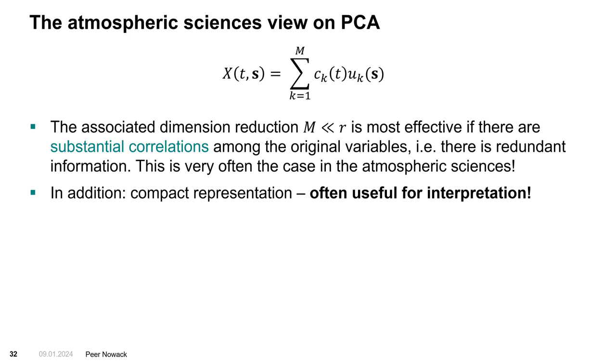And the good thing, and this is why it's so widespread in atmospheric science, is that this is often the case, because let's say meteorological variability over Switzerland is quite highly correlated with meteorological variability over eastern France and southern Germany, right? So there is common information in here.